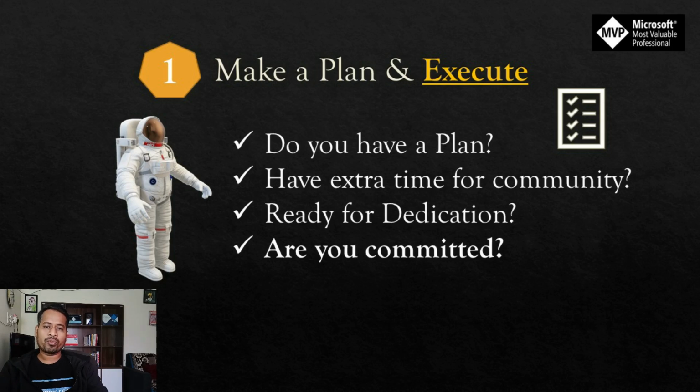You have to take time out for community for free of cost. I know you are working for money, right? Every day you work 8 to 9 hours for your job, and you are planning for getting money. That's why you are working, right? But this award is not for money. You have to work for the community free of cost. Then people will notify you. Then you will get awarded, right?